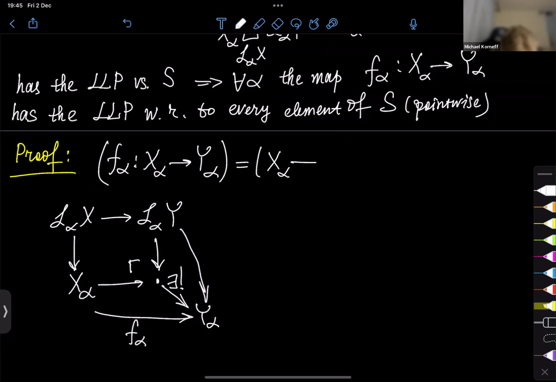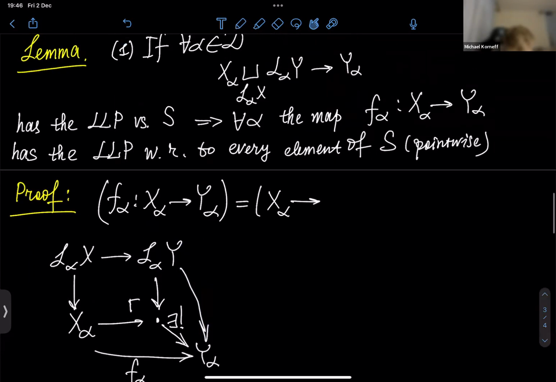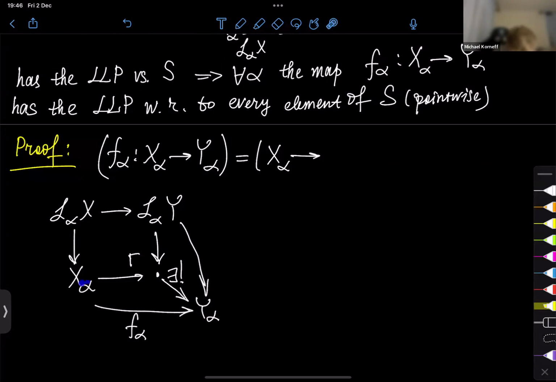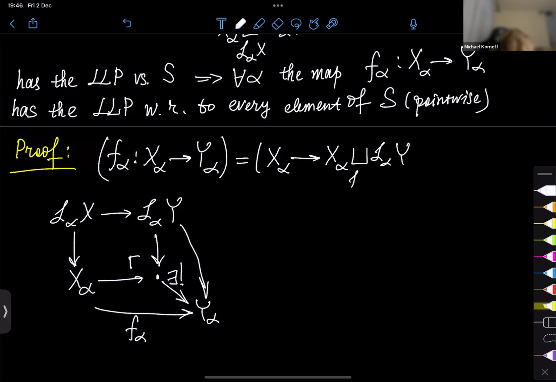The composition from X alpha to Y alpha through the pushout. Okay, but what do we know?